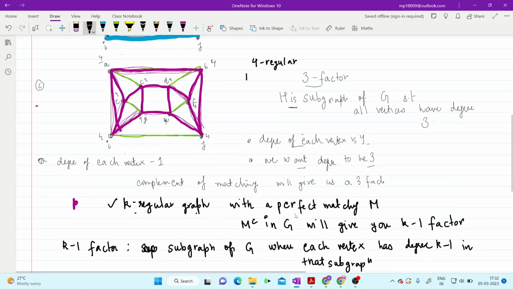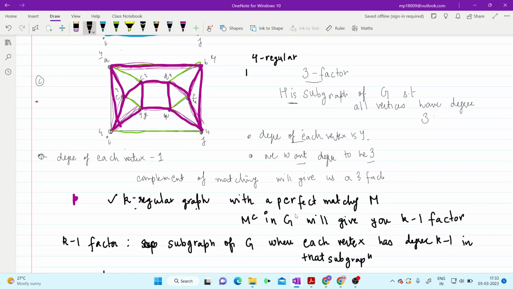In this case you can see that this purple graph is giving us a three factor. Why? First of all, this purple subgraph is covering all the vertices, and if you look at the degree of each vertex in this purple graph, it is coming out to be 3.